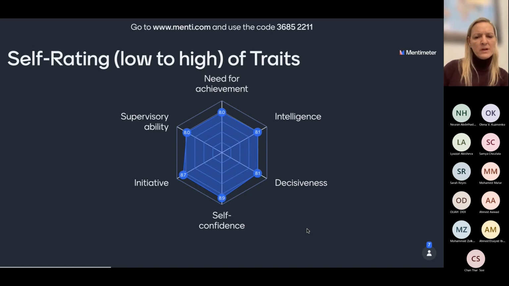So there's different ways for us to look at these different traits and how they impact us as leaders and those that we lead.